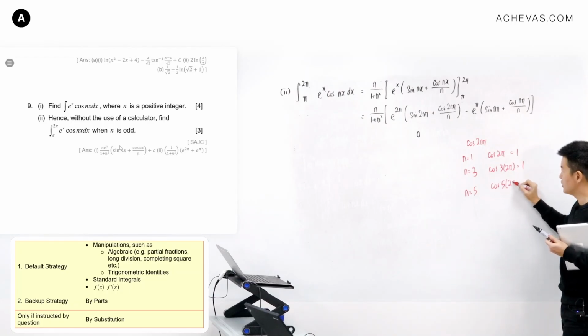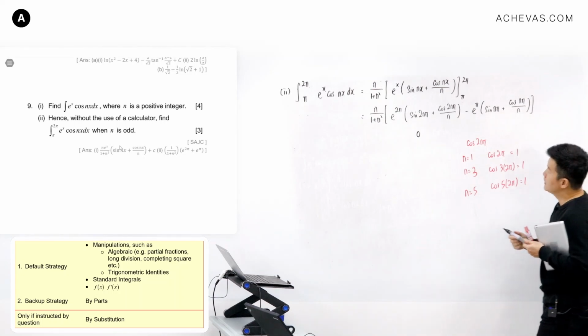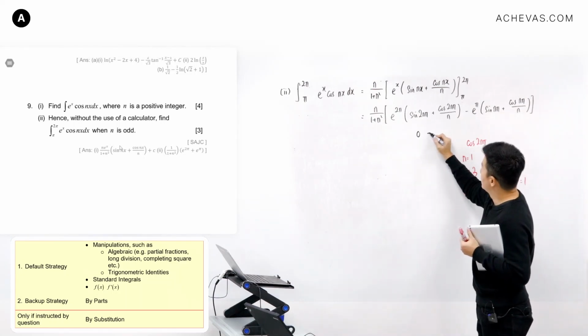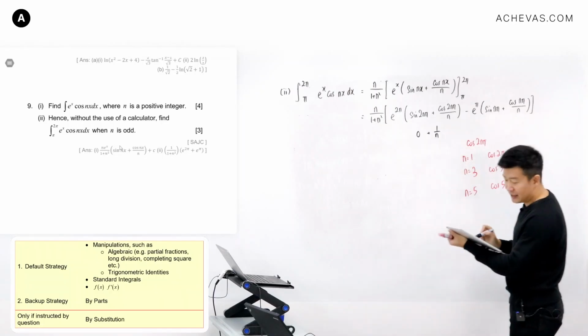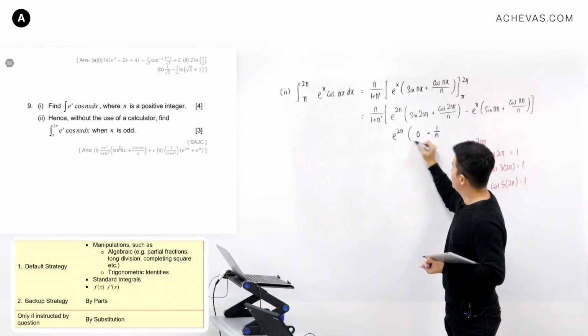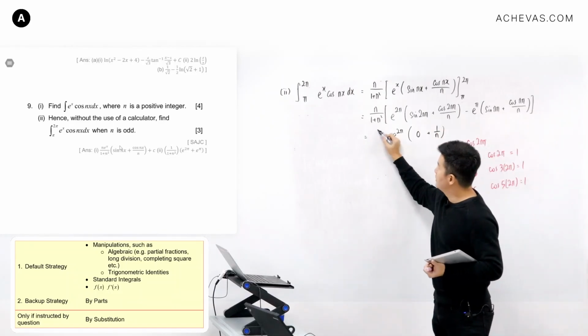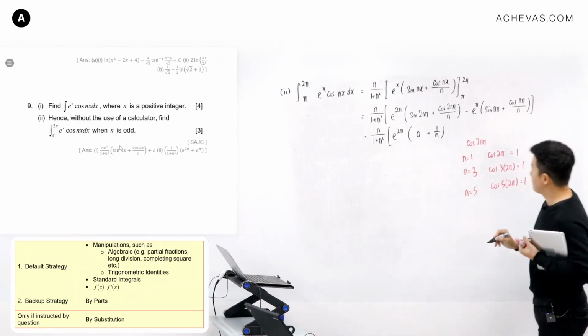Cosine 5 times 2 pi, this is also going to be equal to 1. So we know this is going to be this plus 1 over n. So we have e to the power of 2 pi, evaluating based on the pattern that we are seeing. We have this n over 1 plus n squared.